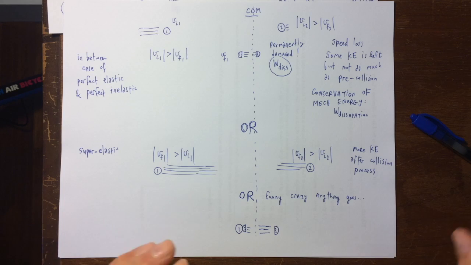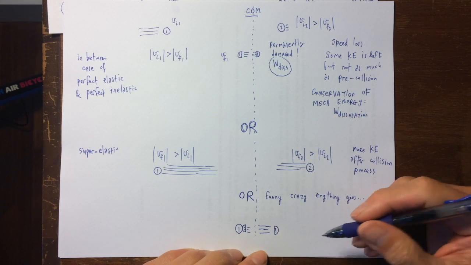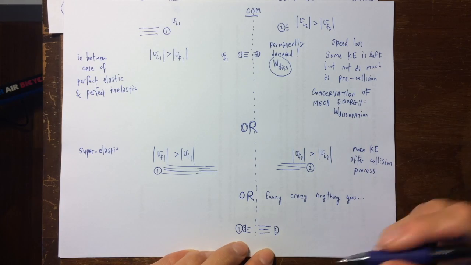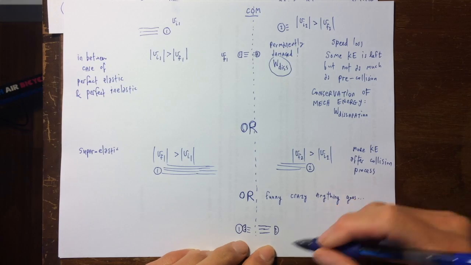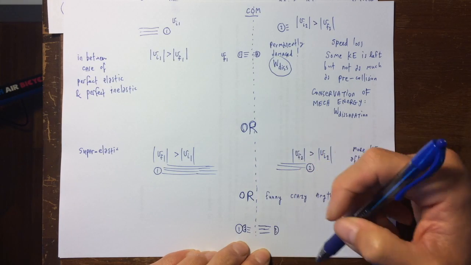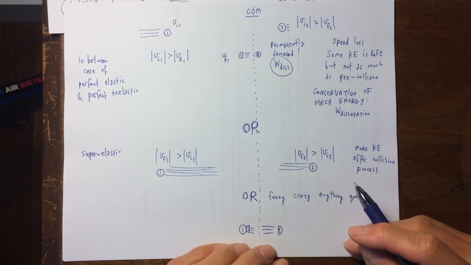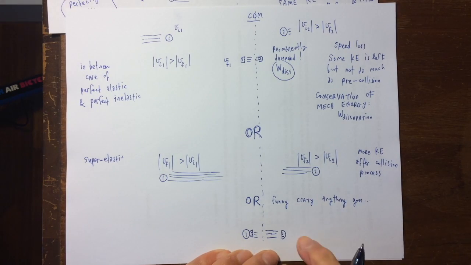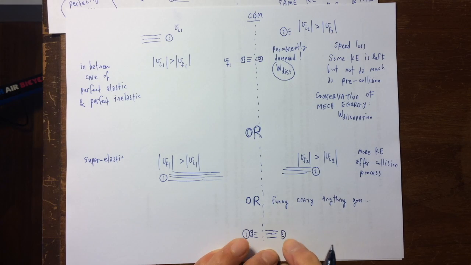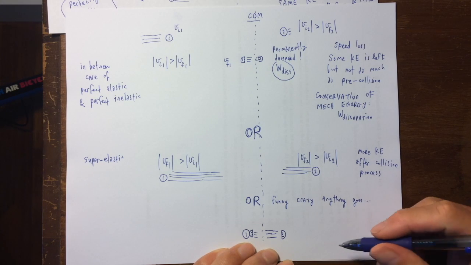It could be like that, or some funny, crazy, anything goes kind of a thing. If you come up with an interesting collision, you can name it yourself. It doesn't really matter what its name is, but it is possible, right? You could imagine that this is something that could happen.